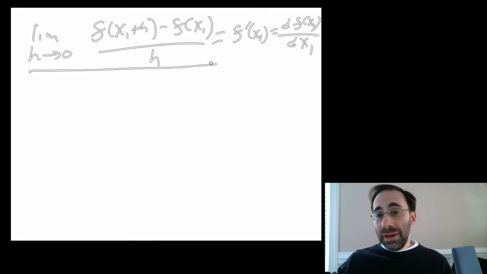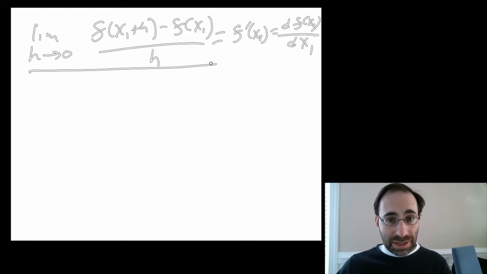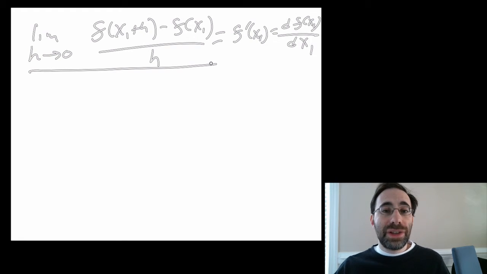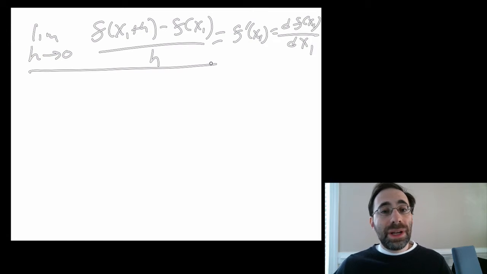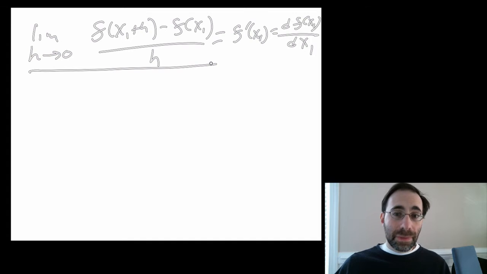Okay. Now, there's a little bit of complexity here, not in calculation necessarily, but in understanding when the derivative actually exists. Not all functions have derivatives at all points, but we actually can understand when they do by going back to the same definition. When does a limit exist? Well, a limit exists when the limit coming from the left is the same as the limit coming from the right.